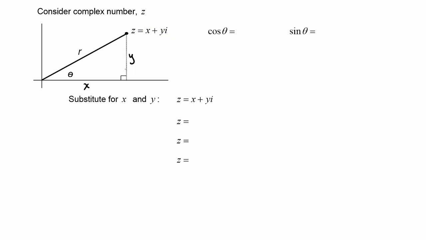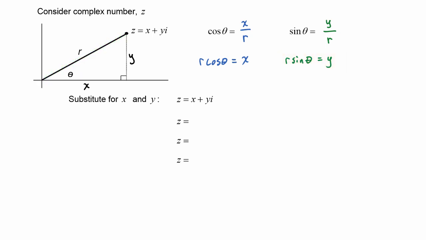Now if we think of this as being an angle in standard position, we know this is theta and this is r, so the cosine of theta would equal x over r, which means if we solve this for x, we would get r cosine theta is equal to x. Sine of theta is equal to y over r. Cross multiplying, we get r sine of theta is equal to y.